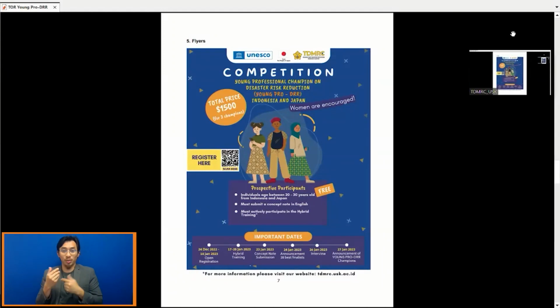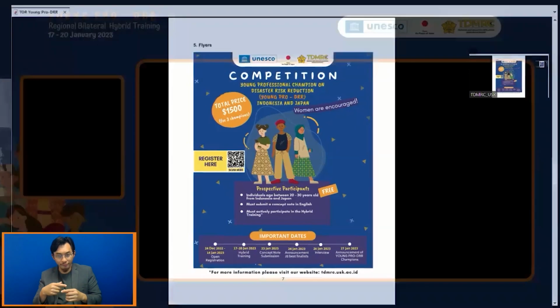It's a bilateral competition, between Indonesia and Japan. And you're eligible to win the total prize of $1,500 for three champions. Yeah. And in the flyer, we can see that women are highly encouraged. Not to discourage men, but we also want to fully encourage women too.